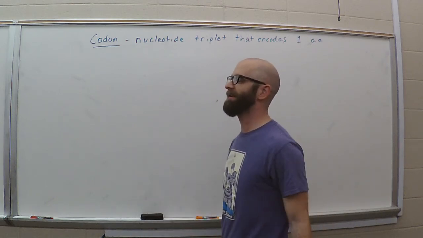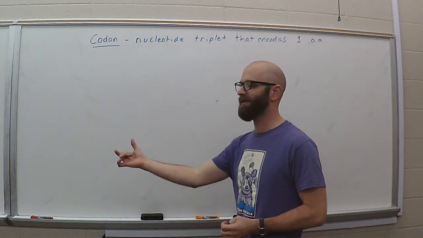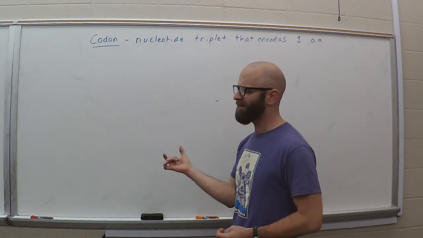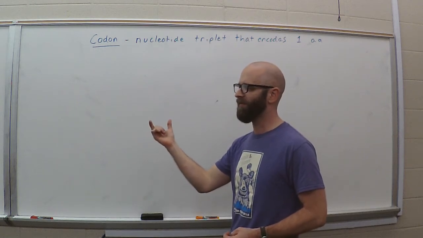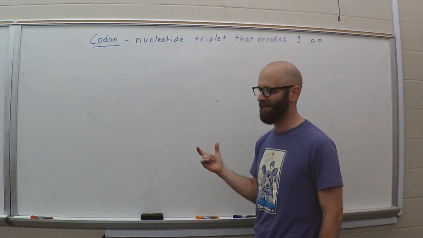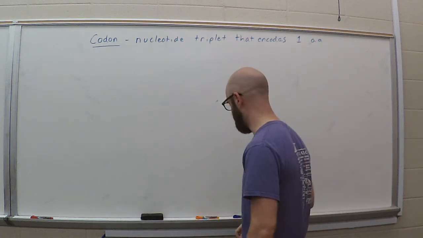So what you need to be able to do is look at a sequence of nucleotides, and you need to be able to tell what the sequence of amino acids is that is encoded by that nucleotide sequence.